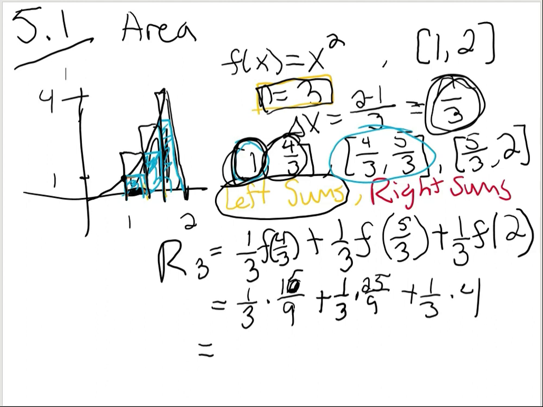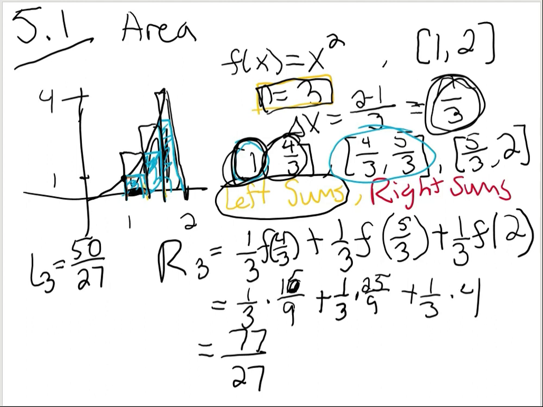So do those now, and what do you get? You get 77 over 27, as opposed to before, we had 50 over 27.